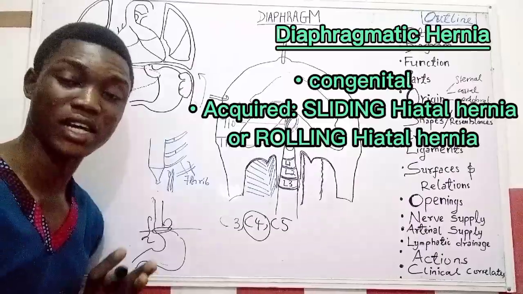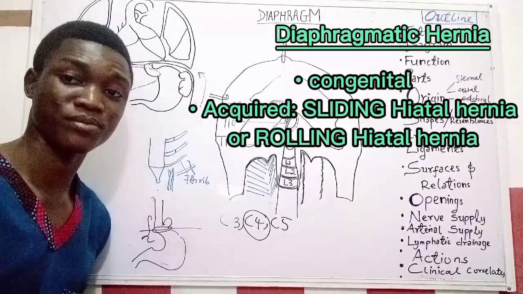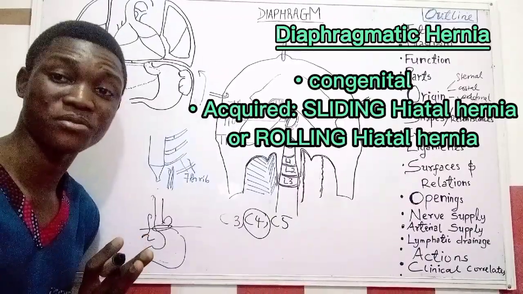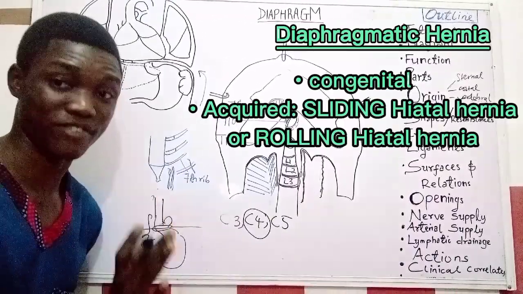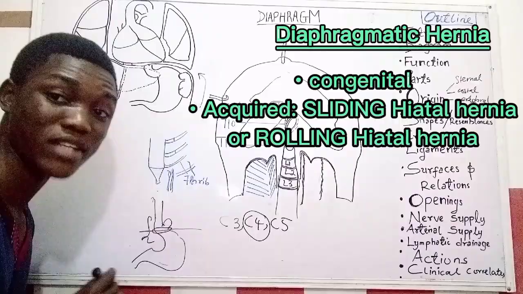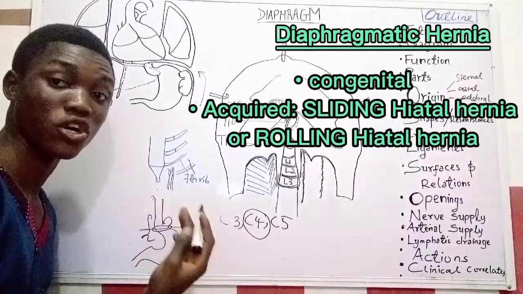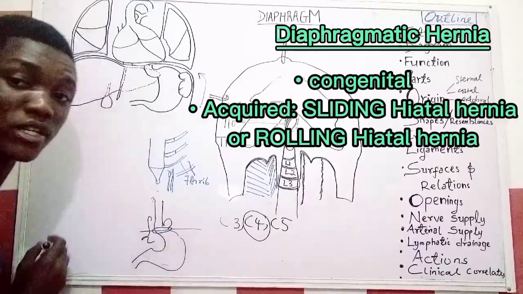So in the rolling type, what simply happens is that the gastroesophageal junction is not affected, but some part of the stomach is seen rolling upwards along with the esophagus. Let me show you.